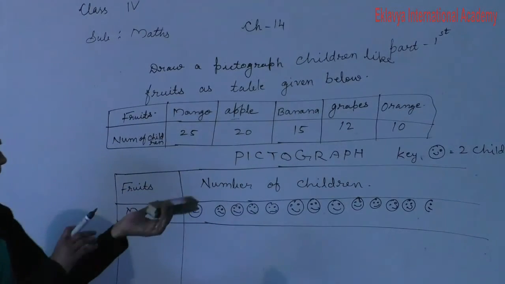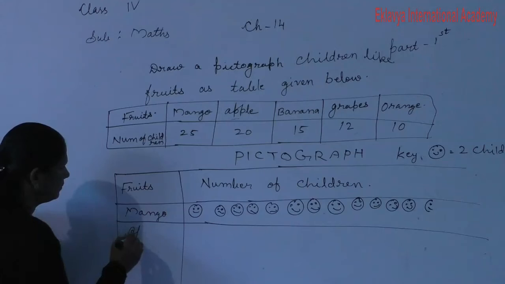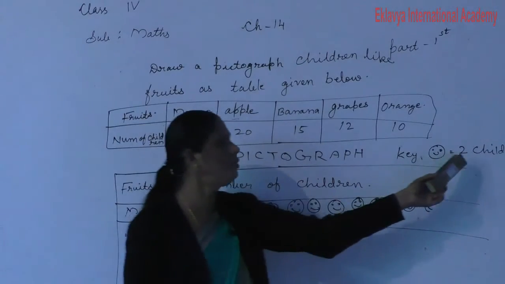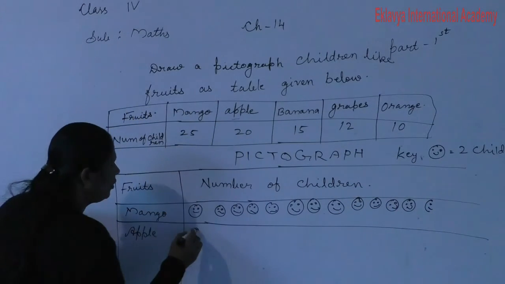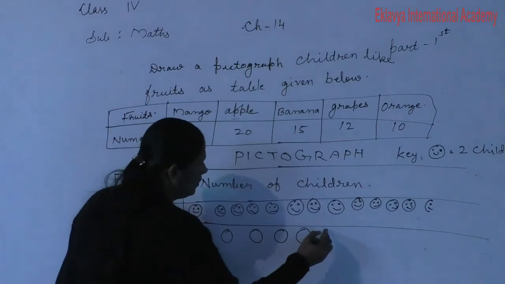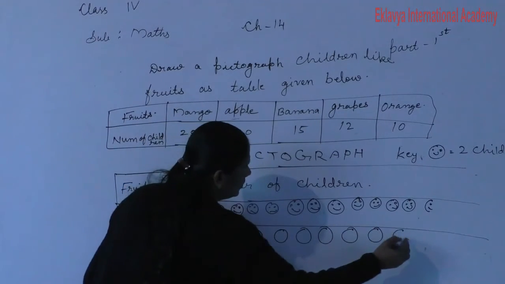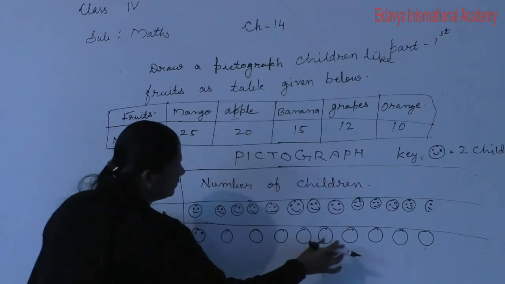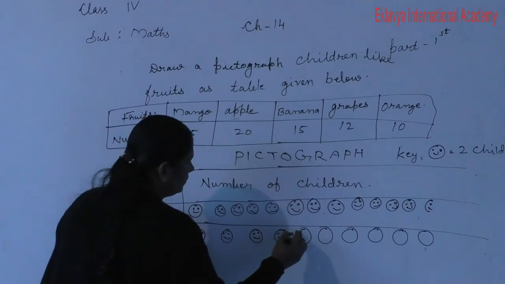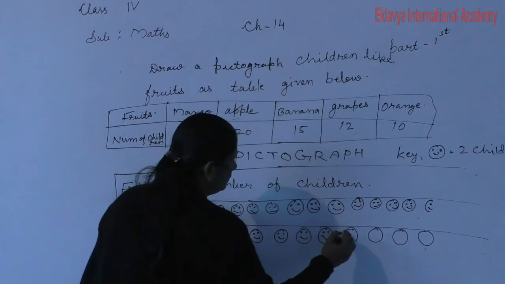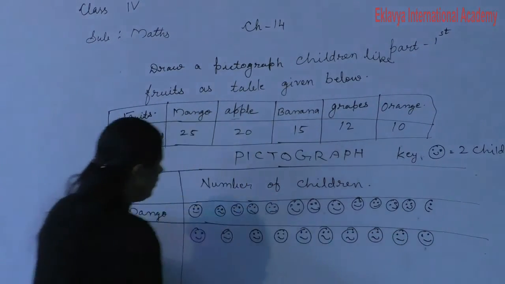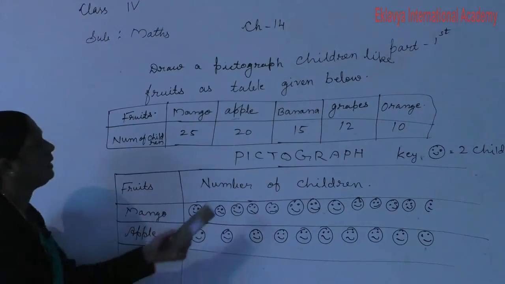The next fruit is apple. 20 divided by 2, we get 10. You draw 10. Then next banana.